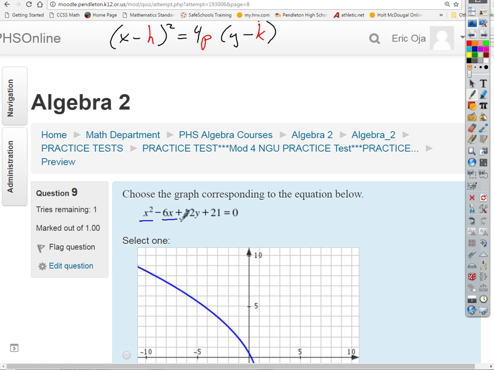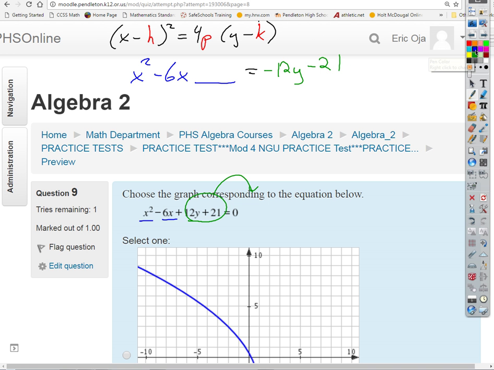So I'm going to gather the x terms together on the left. So that's my x squared minus 6x, right? And then on the other side, the 12y minus 21, I'm going to subtract those terms to the other side, right? So over here, I'm going to get a negative 12y minus 21.